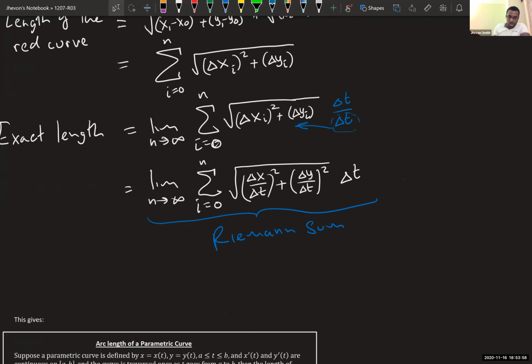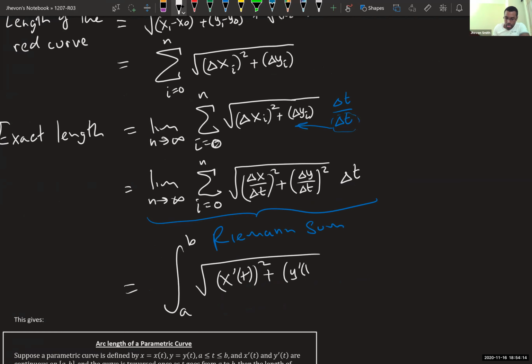And so that means you literally just took an integral from the point a to b, and you end up with delta x over delta t, which is just the derivative, and delta y over delta t, which is also a derivative. And your delta t just becomes dt under the integral.